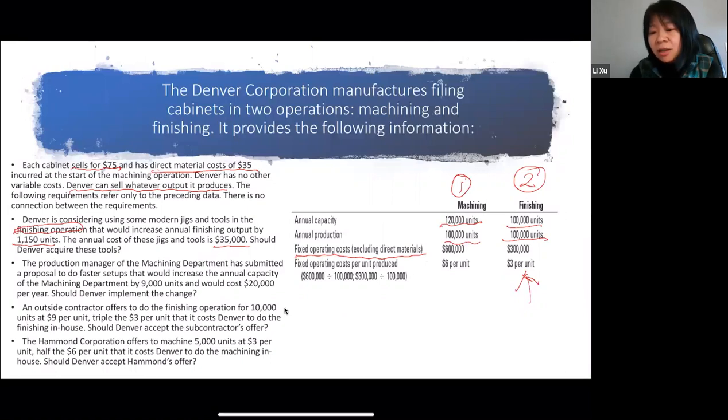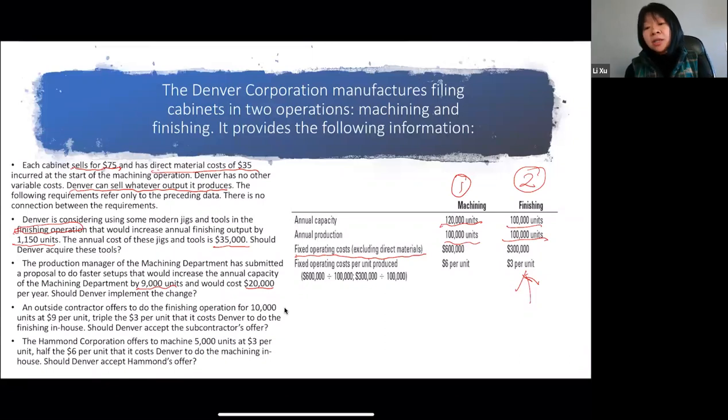It only costs $20,000 more, but we can increase the capacity by 9,000 units. So should the company take this action? The answer is no. Why? Because we already have excess capacity, right? We don't need to increase the capacity of the machining department. It's not the bottleneck. That's not the focus.